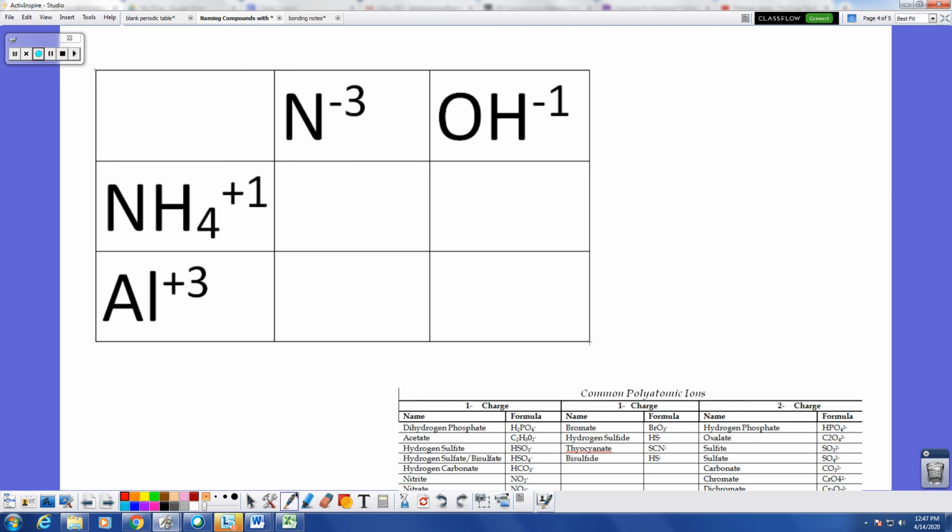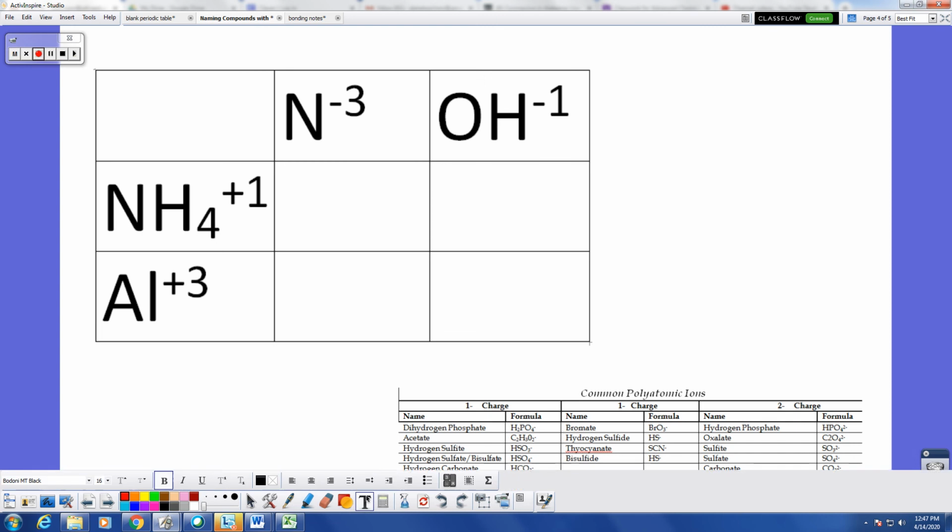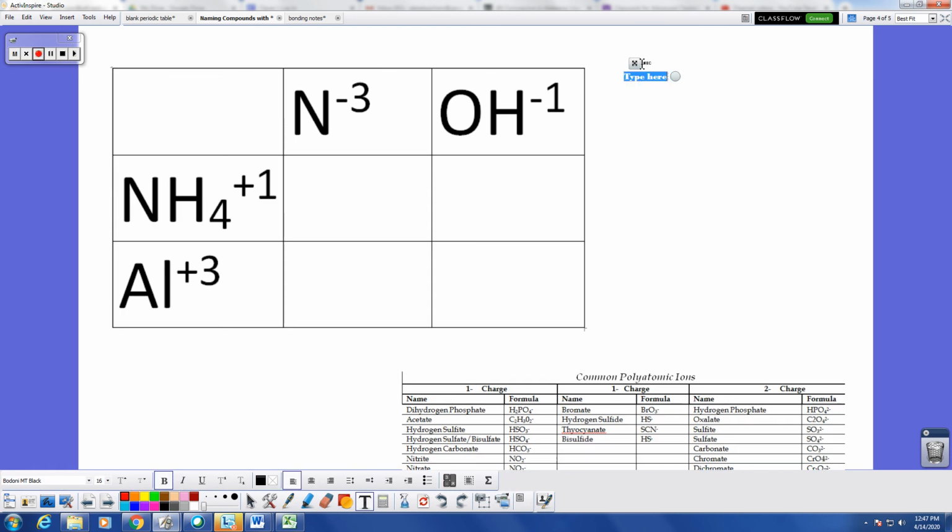Your biggest rule here that you have to pull in is: if a number is crossed down to a polyatomic ion, parentheses must be added.